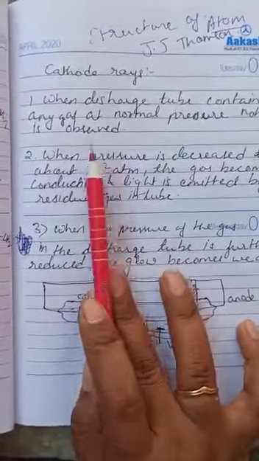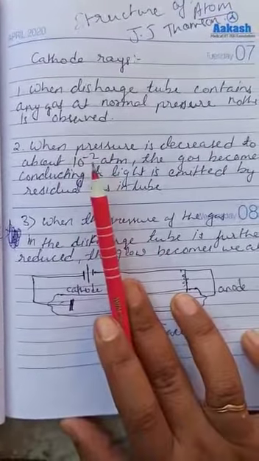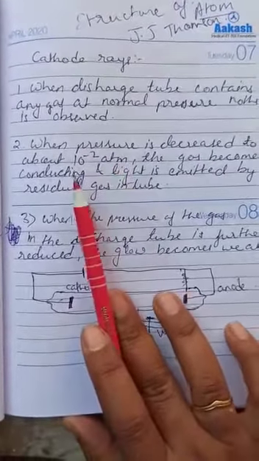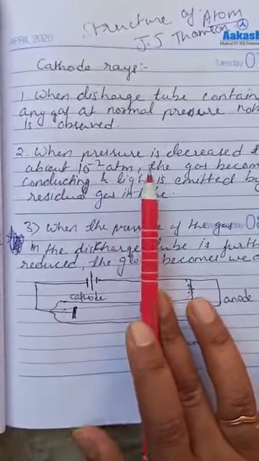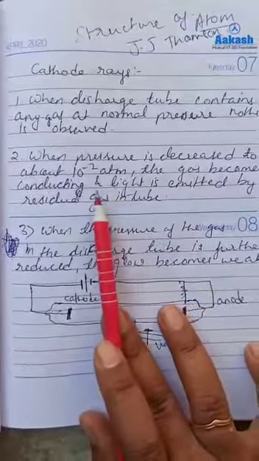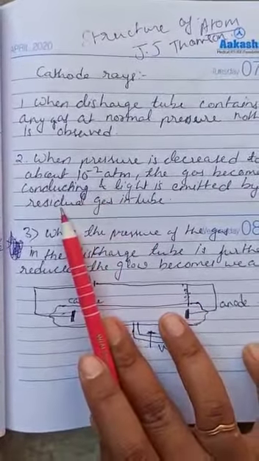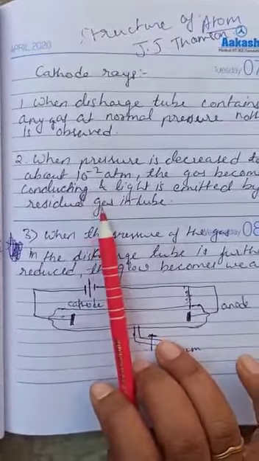Next, when the pressure is decreased to about 10 raised to the power minus 2, the gas becomes conducting and light is emitted by the residual gas in the tube.